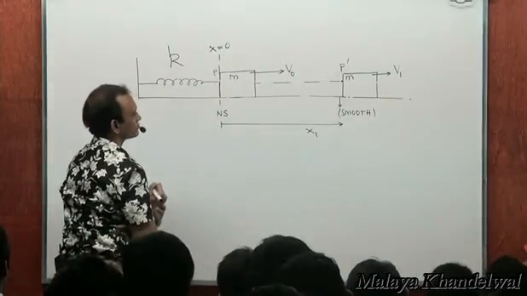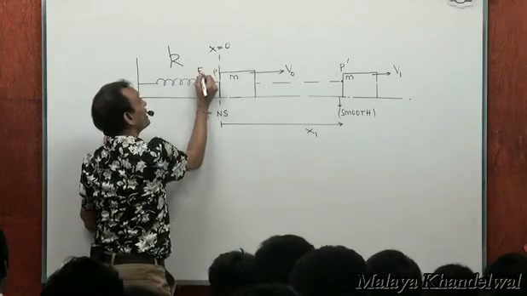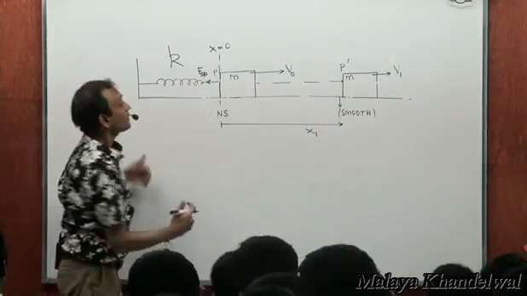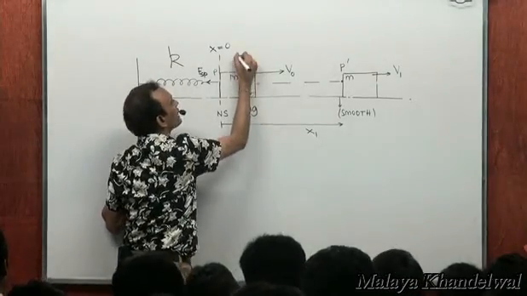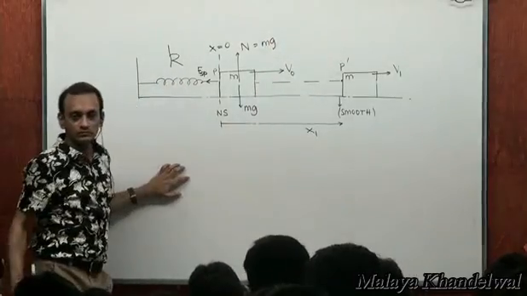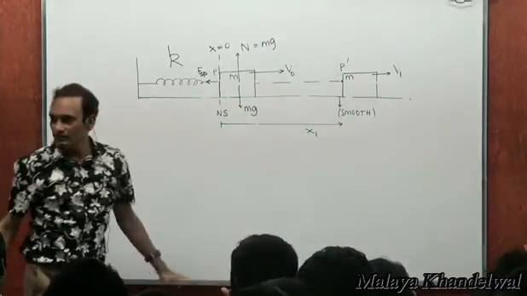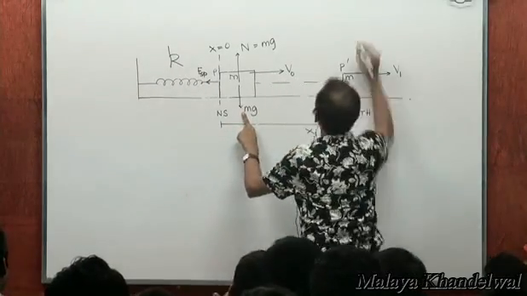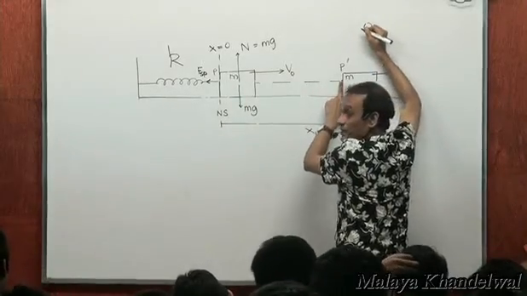So then, there is spring force acting, which is varying. Why? Because x, the elongation, is varying, right? There is mg, which is not varying. There is normal reaction N, which is mg, which is not varying, right? So between this state and this state, I can apply the classical work energy theorem. Work done by mg, 0, because mg is perpendicular to the displacement x1.